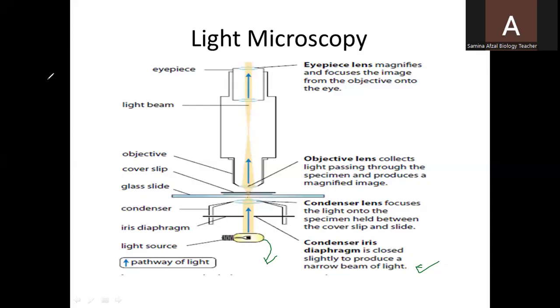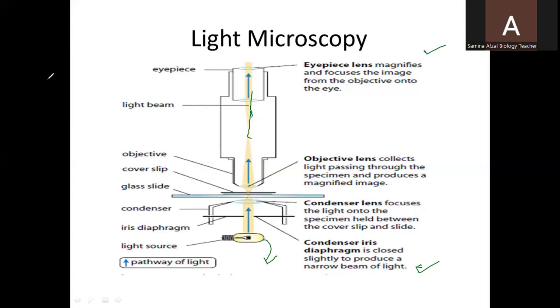and produces a magnified image. You can see this light is moving in the upward direction. Then this beam of light will pass through the lens of the eyepiece, which magnifies and focuses the image from the objective onto the eye.